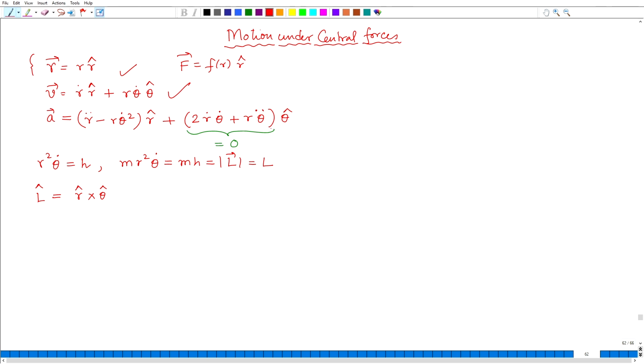Then this is the velocity vector, which has two components, the radial and the cross radial component, and we also calculated the acceleration in general in a plane polar coordinate system, where we finally claimed that for a central force motion this part identically vanishes and this part is the only surviving part to contribute to the dynamics.